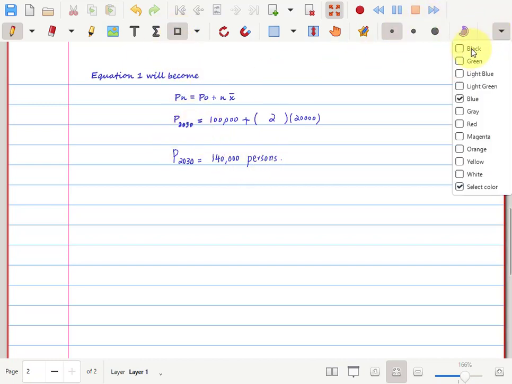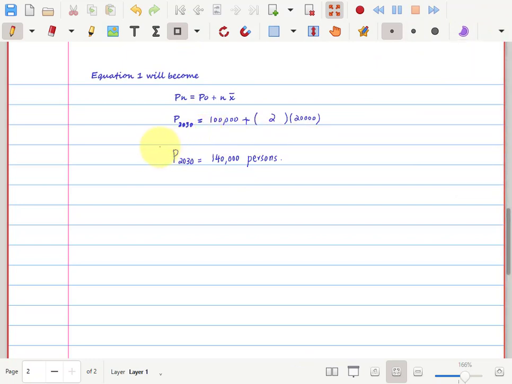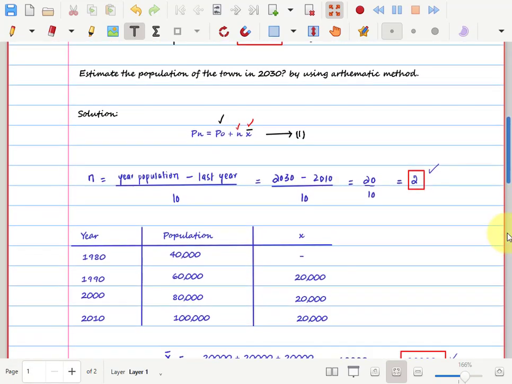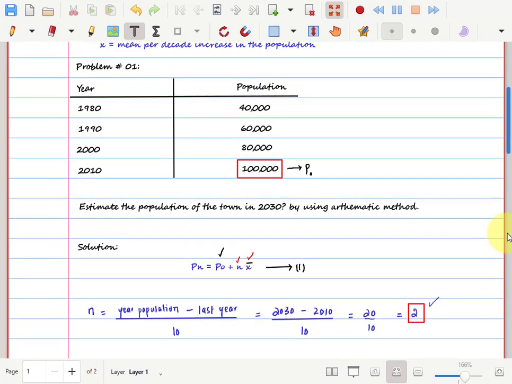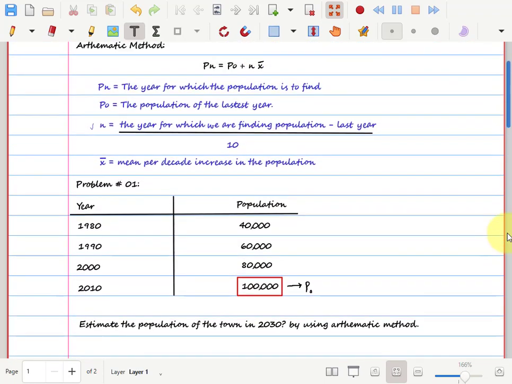So this is our answer for the above question. Got it? So this was the arithmetic method to find out the population for any town with the help of the given data.